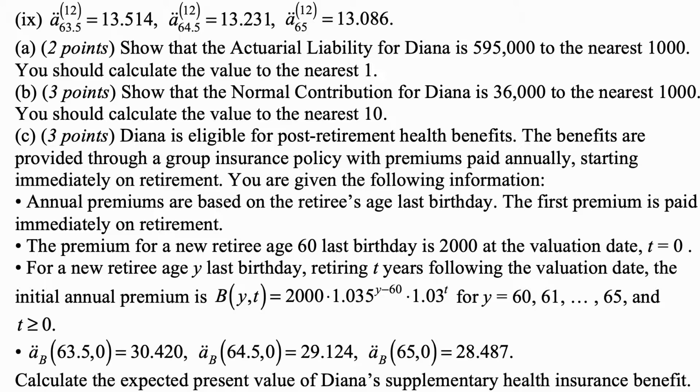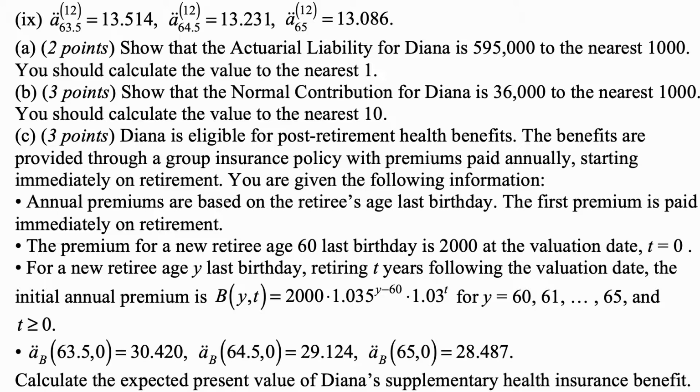C. 3 points. Diana is eligible for post-retirement health benefits. The benefits are provided through a group insurance policy with premiums paid annually starting immediately on retirement. You are given the following information. Annual premiums are based on the retiree's age last birthday. The first premium is paid immediately on retirement. The premium for a new retiree age 60 last birthday is $2,000 at the valuation date t = 0.